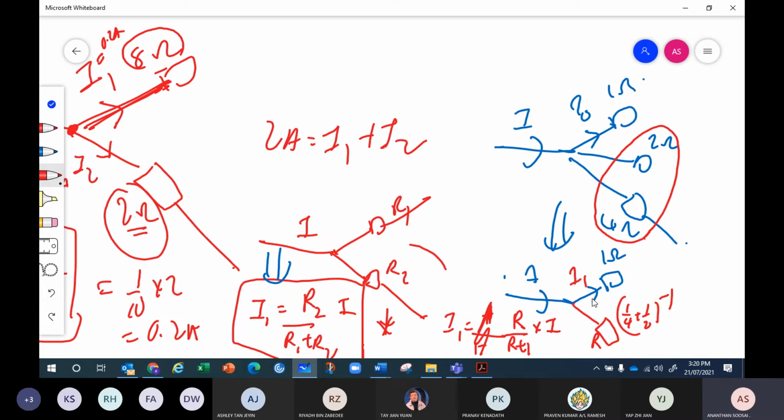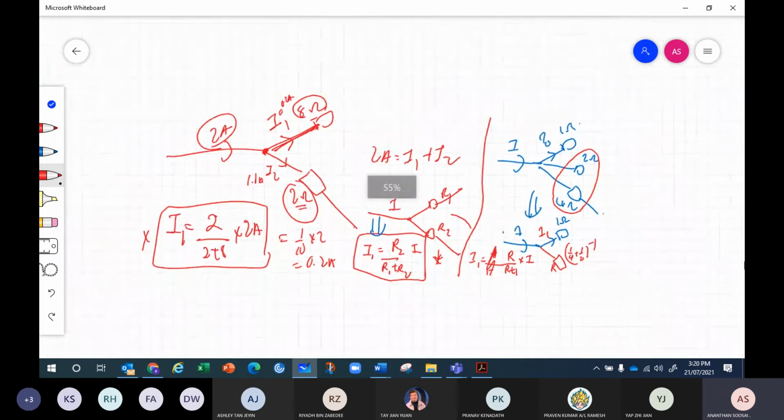That's the current flowing on top. This is the technique you have to follow. 2 branches, easy. More than 2 branches, merge the remaining ones so that you convert to 2 branches.